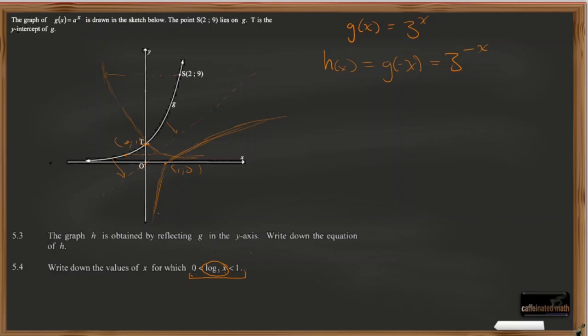is from here to there in the y direction. So we need the coordinate over there, and then if we place that, log 3 of 1 is just going to be equal to, where does that happen?